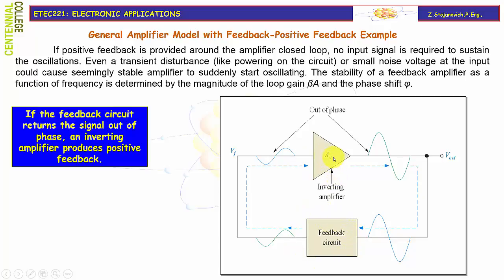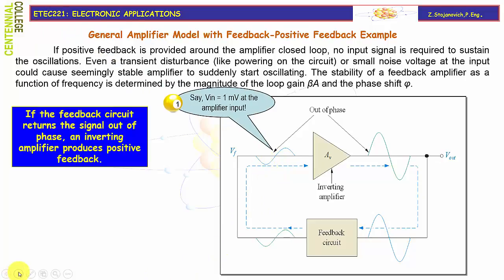If the amplifier inverts the input signal, whatever the input signal is, and a fraction of that output voltage is brought back through the feedback, which also introduced the phase shift of 180 degrees, your signal at the output of the feedback circuit will be in phase with the original input signal. Now, if they are of the same amplitude on top of it, you have a condition of sustaining the oscillation.